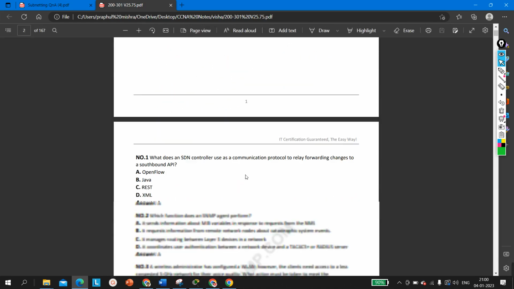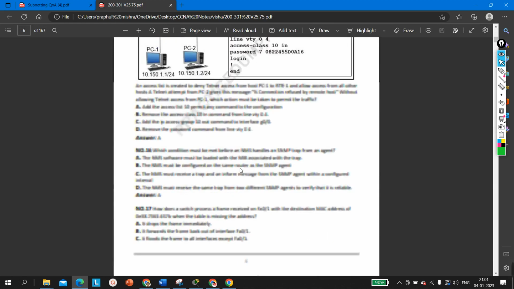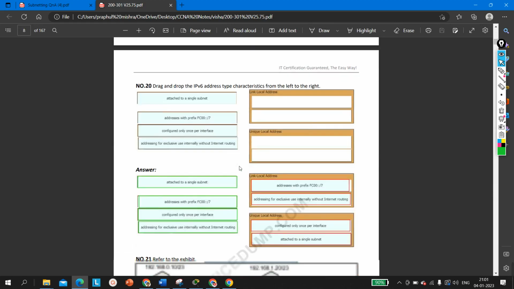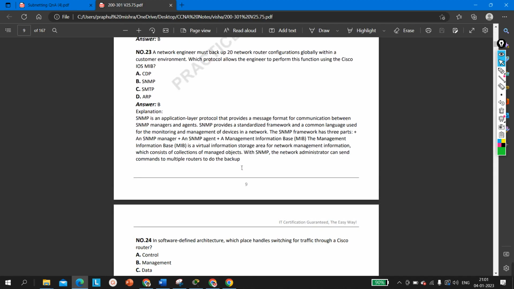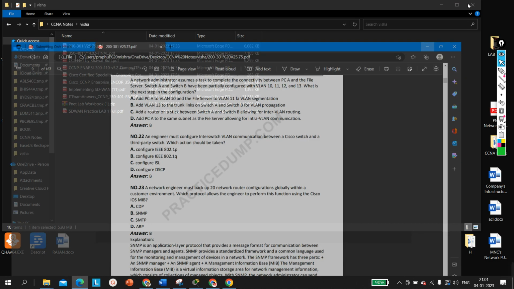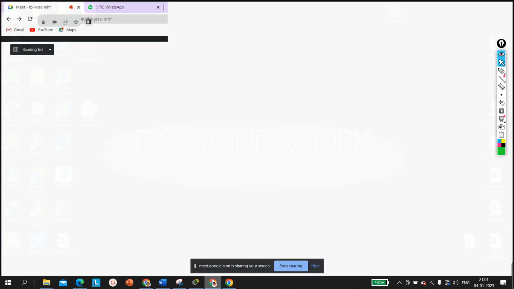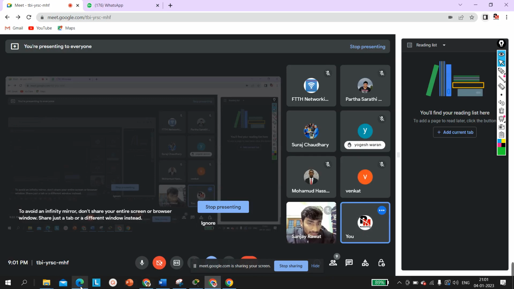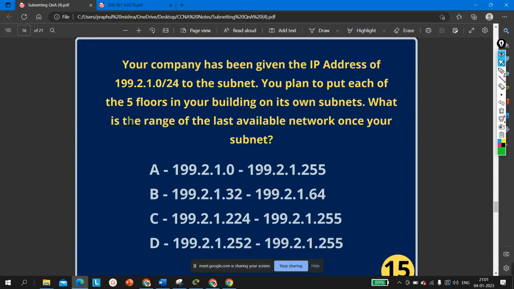From these, I am selecting questions from subnetting and the OSI model. These are already asked questions in the CCNA exam. All these questions are tricky, but very basic. Anyone who knows the technique to solve subnetting can solve all these questions.